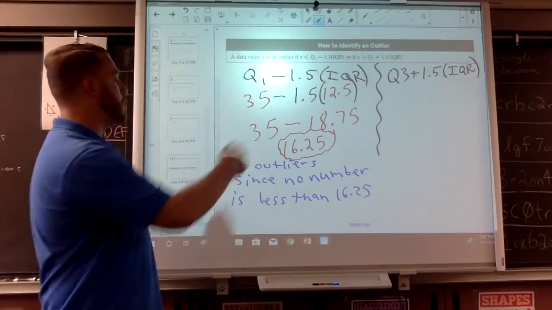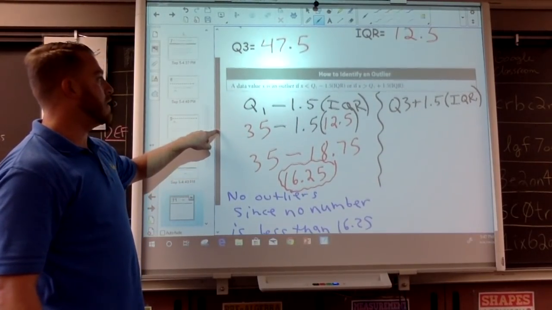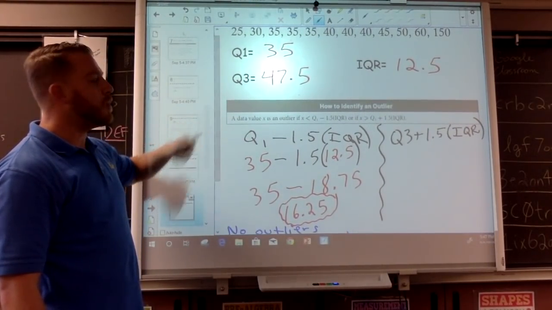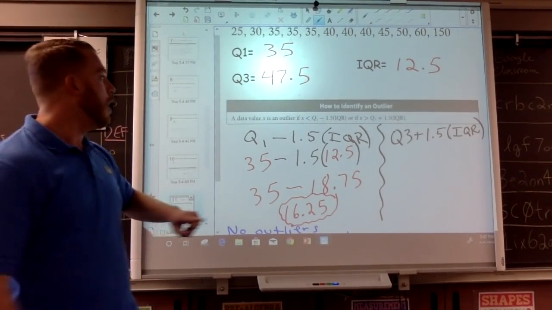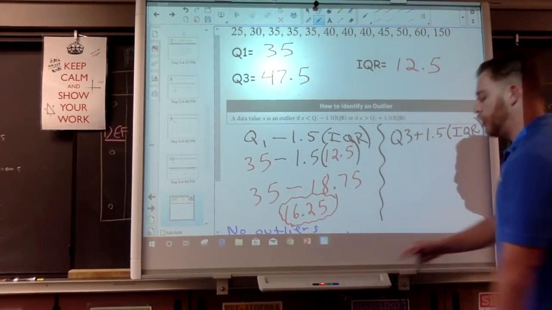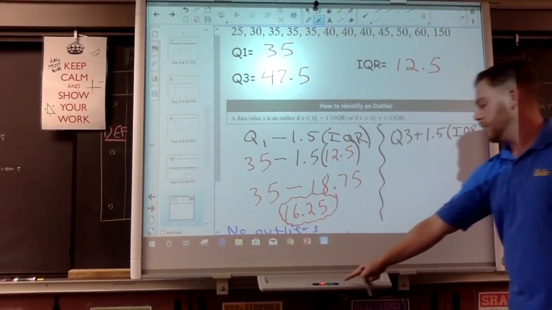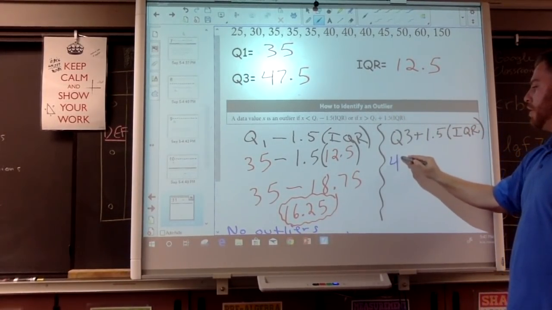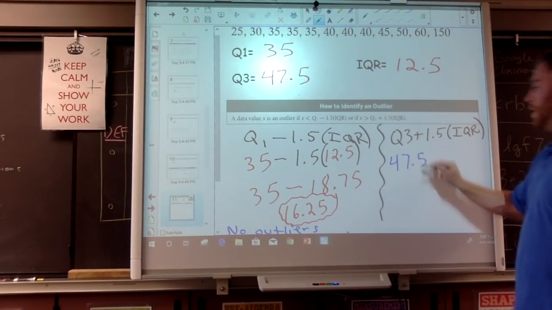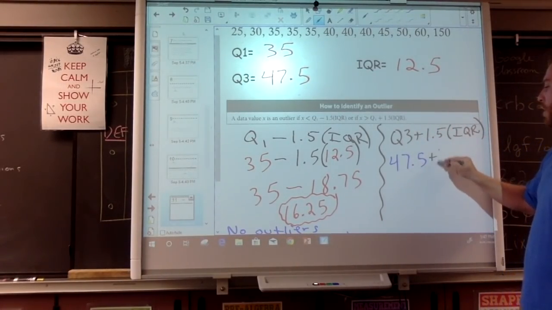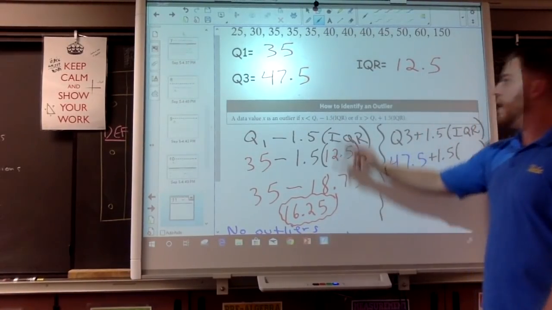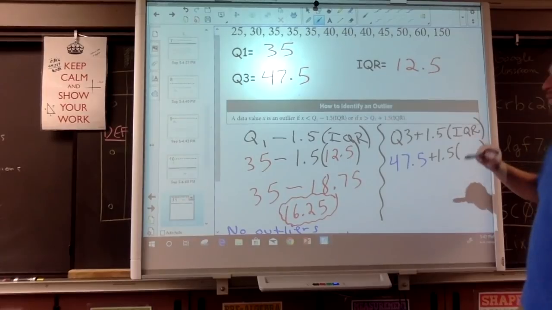Let's repeat the process over here on the right-hand side using Q3 and the IQR. So we're going to have Q3, which is 47.5. And again, we're going to have plus 1.5 times that IQR, and that IQR is up here, 12.5.